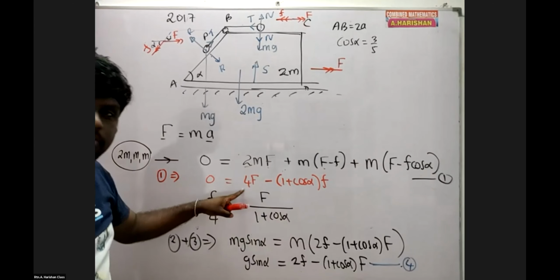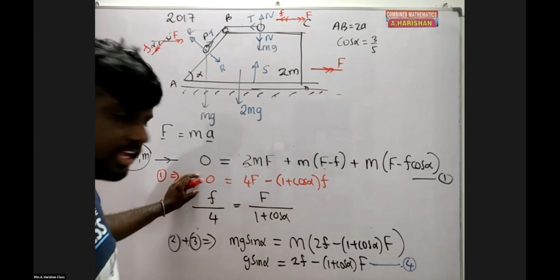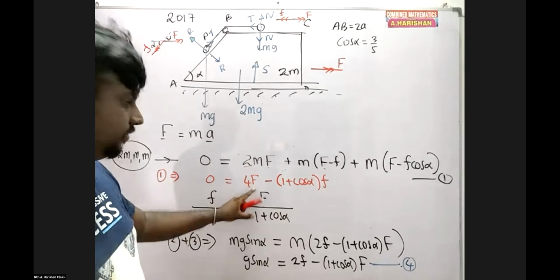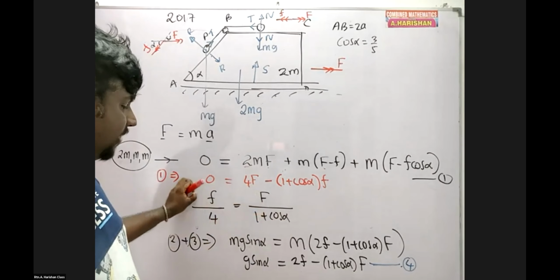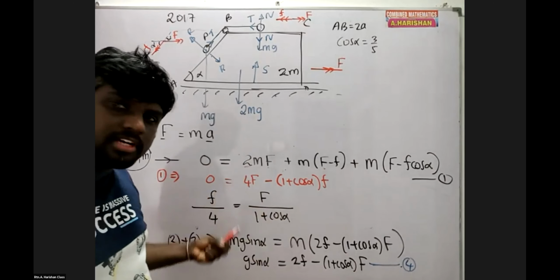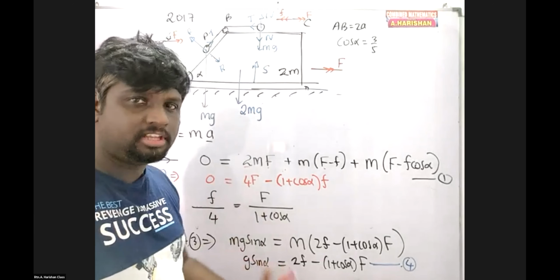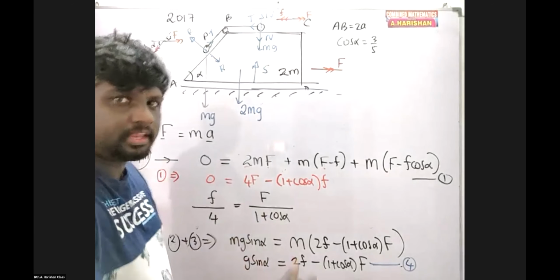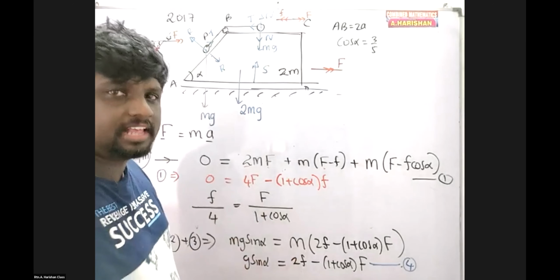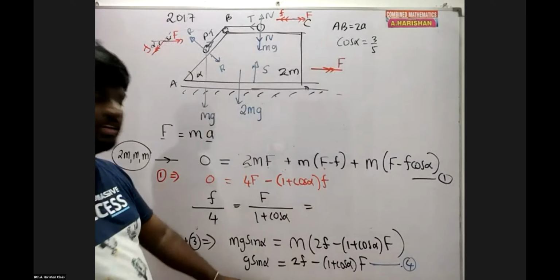I took this side, then 1 plus cos alpha into F and 4F. I bring the 4 down and I bring the 1 plus cos alpha down here. The same equation converted like this. Why do we do this? We know the techniques. We are using the DC rule to find these kinds of things. I explained in the last classes, right? So we talk with this equation now.